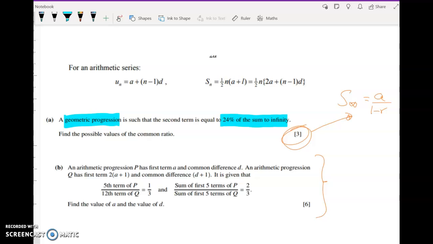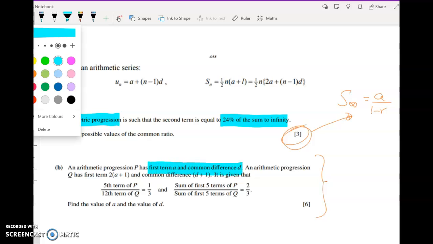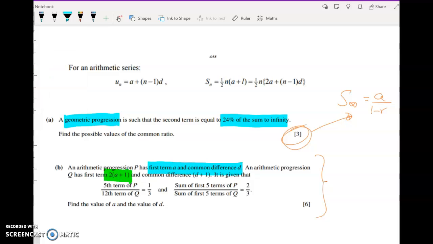We've got two different arithmetic progressions. So the first one, P, has got first term of A and a common difference of D. And then the second one, which is Q, has got this first term and this common difference. And we're told that we've got a ratio of terms here and we've got a ratio of the sum of terms. So I actually find these questions usually pretty boring, and this one's no exception.